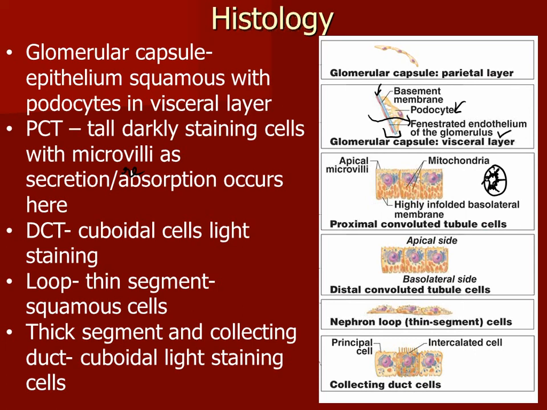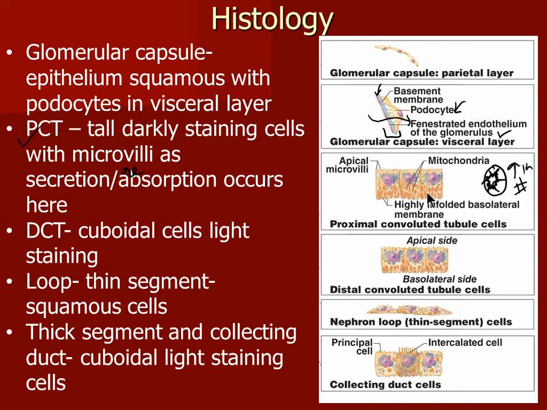So these cells have this brush border appearance, and the lumen is extremely small. There are more proximal convoluted tubules than distal convoluted tubules, and because the cells are so tall, the lumen is much smaller. It also stains more deeply because you have a lot of mitochondria, Golgi body and rough endoplasmic reticulum.